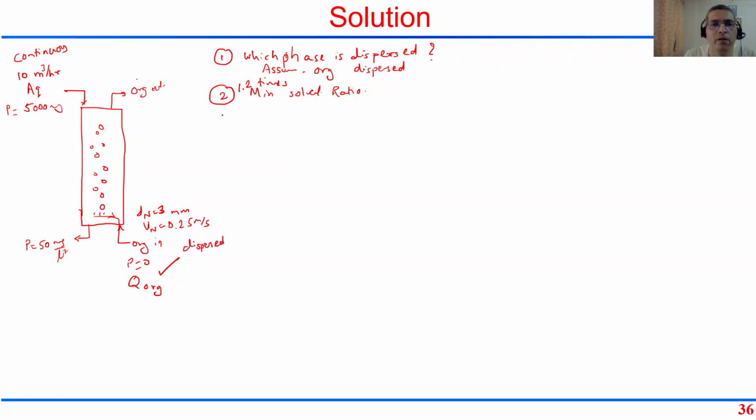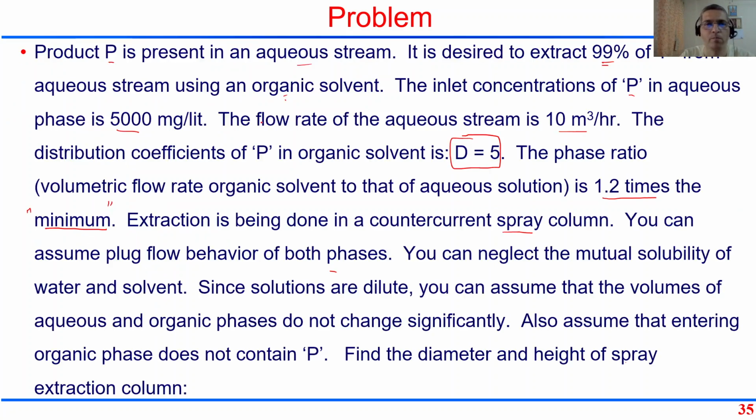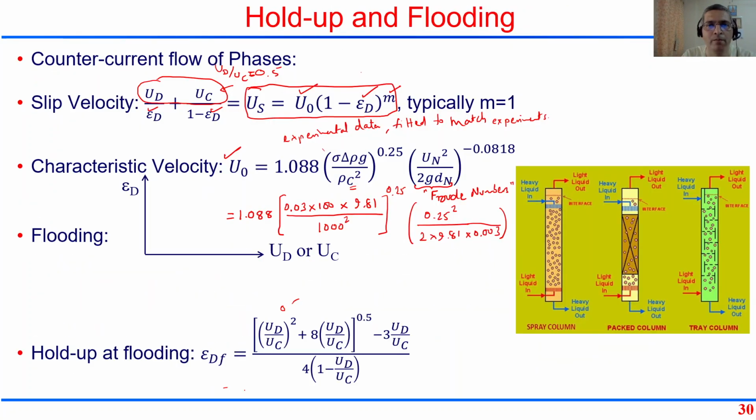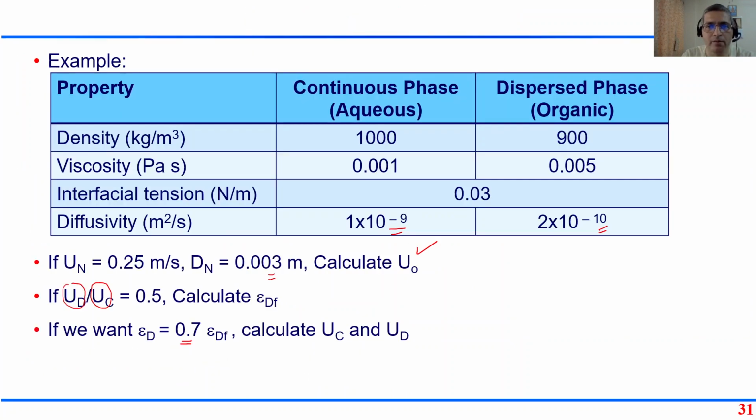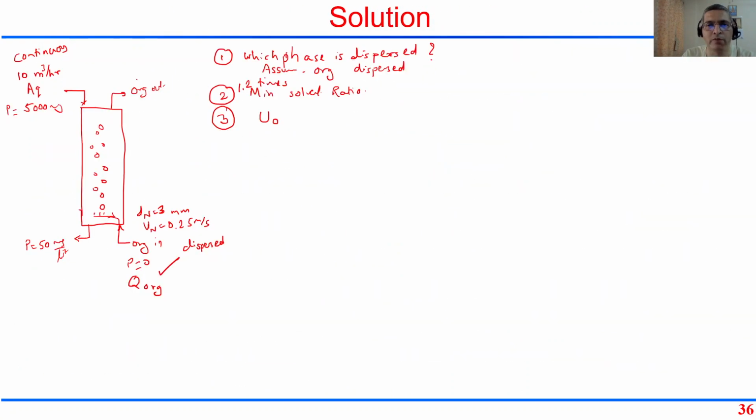Now based on the physical properties, we should be able to calculate U0. That's what we did some time back, right? Then we would be able to calculate epsilon df.